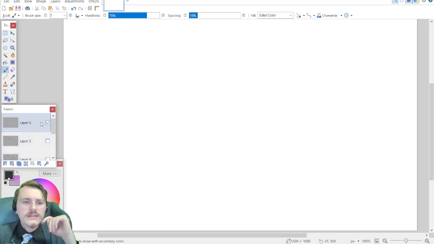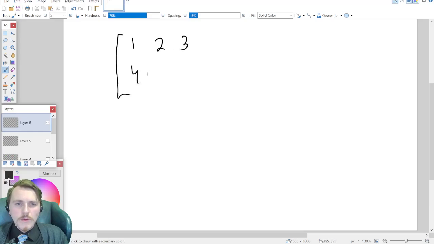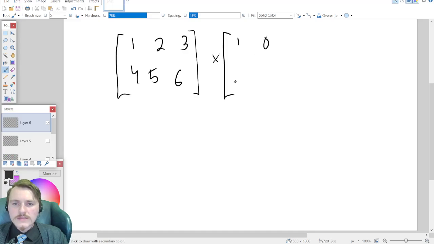All right, let's give it a shot. We'll do 1, 2, 3, 4, 5, 6. Well, let's try this. Let's find out whether or not we can have non-square identity matrices at the same time. This will help reinforce things.